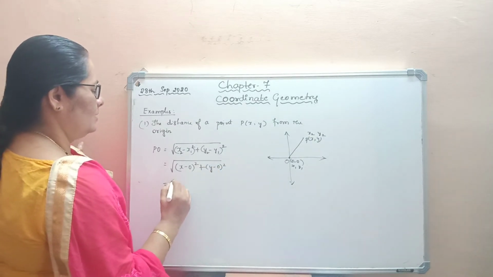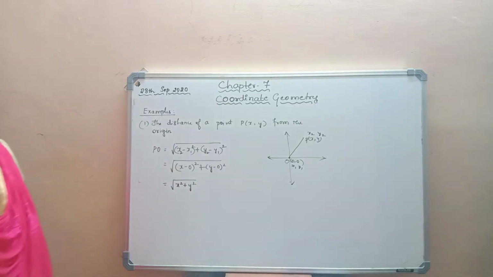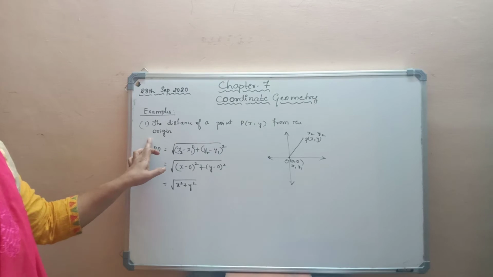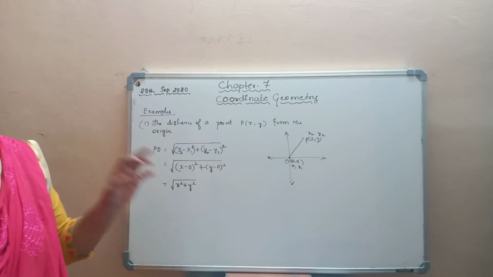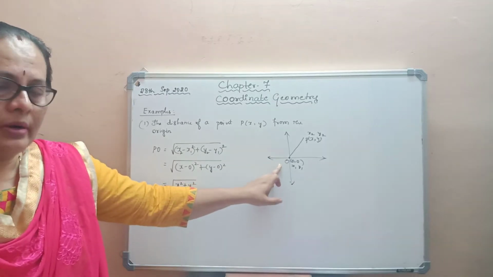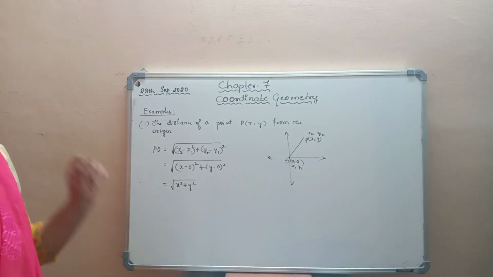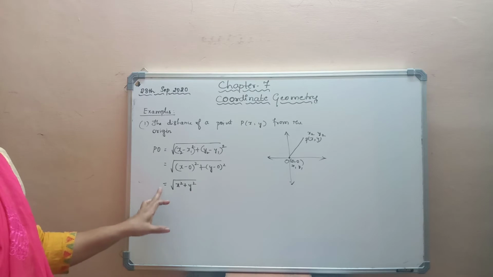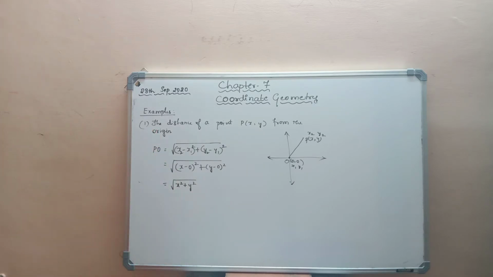So here we get x square plus y square. So, the distance of a point P of x, y from the origin is root of x square plus y square, because the other point, the origin, has coordinates 0, 0. Therefore, for any point, the distance from the origin is root of x square plus y square.